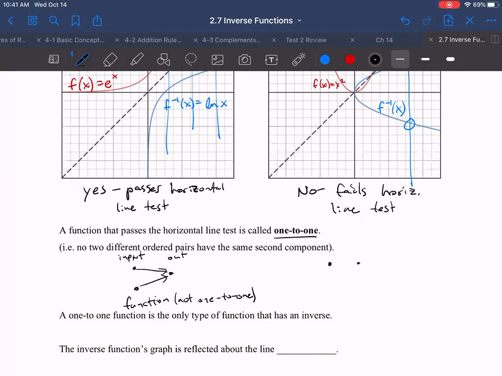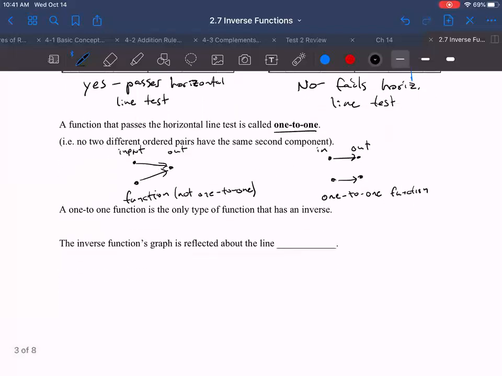However, if I have something where each input maps over to its own unique output, then we have a one-to-one function. And you have to have a one-to-one function in order to have an inverse function. A one-to-one function is the only type of function that has an inverse function. We need to say that.